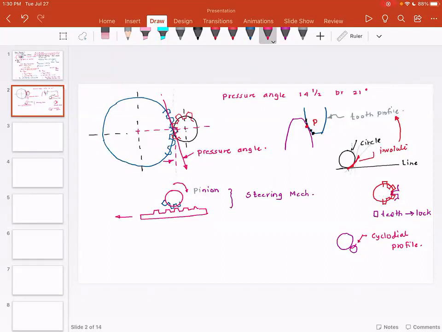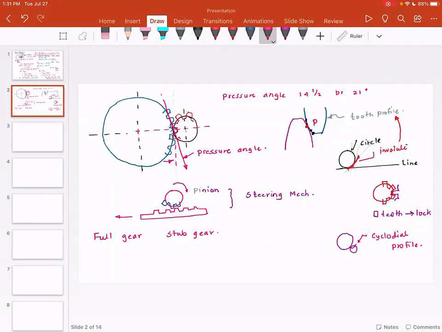There are different types of gear teeth depending upon the manufacturer. There is something called as the full gear, and there is something called as the stub gear. So full gear is the full profile is cut. In the case of stub gear, the top of the gear profile is shaved off.